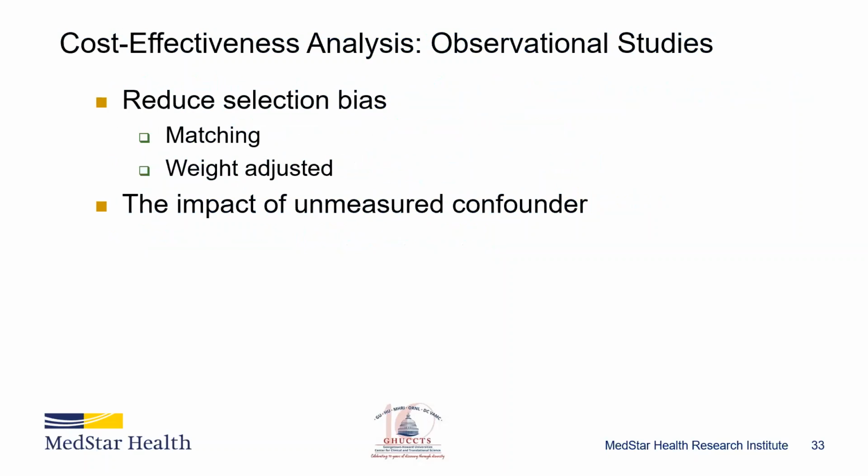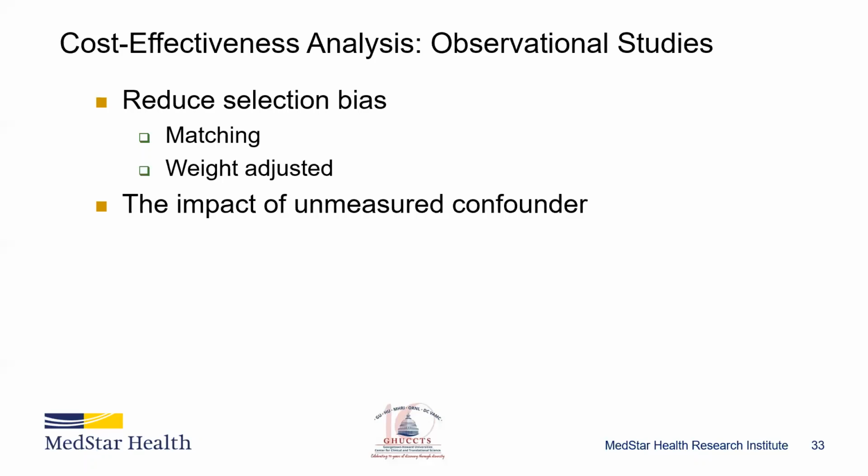So I want to look at a particular study that we did just a few years ago that was actually an observational study. I think I used this data as an example when we looked at Bayesian analysis. As I mentioned in another session when we talked about propensity analysis, in an observational study, we're going to have to do something to reduce selection bias.